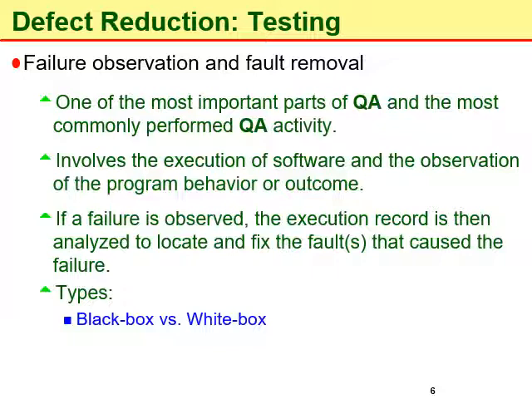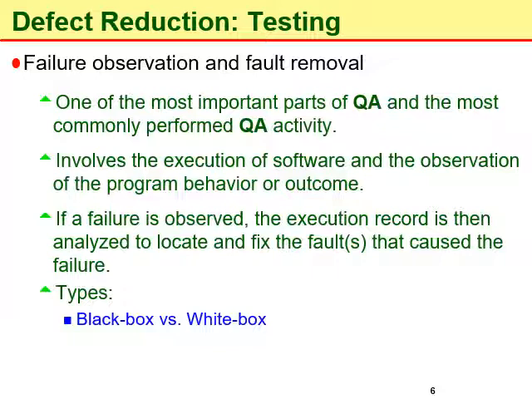Testing involves the execution of software and the observation of the program behavior or outcome. If a failure is observed, the execution record is then analyzed to locate and fix the faults that caused the failure. So mainly there are two types of testing, which include black box testing and white box testing.